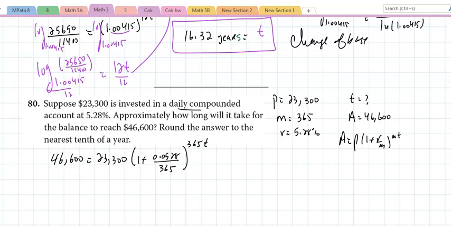Again, I'm going to color code those really. Investment is right there. Amount is right there. Compounded daily, that tells you it's 365. That goes in two places. And the interest rate obviously is right there.